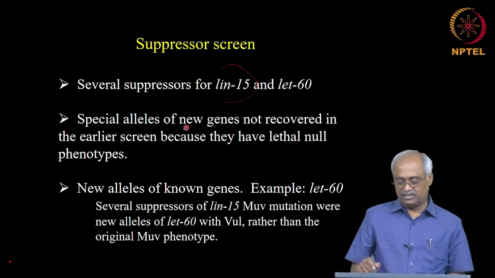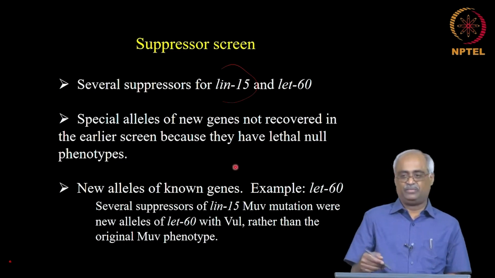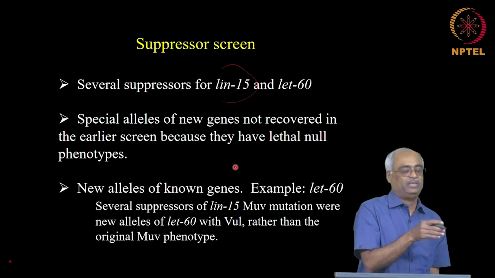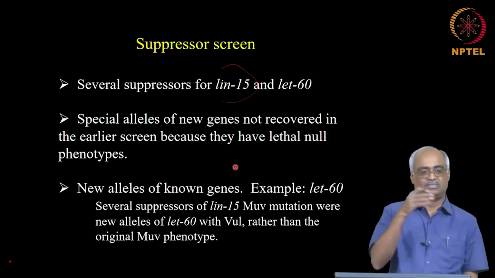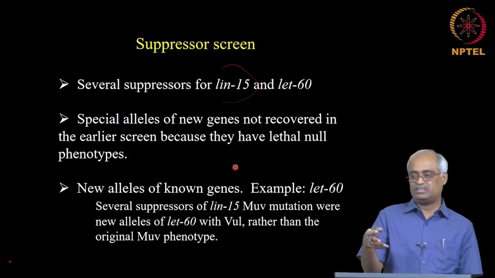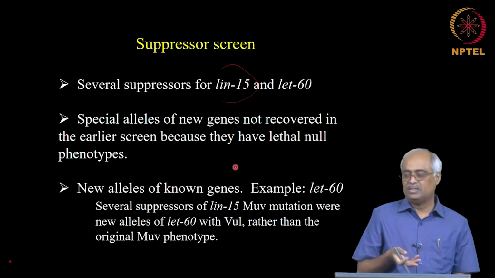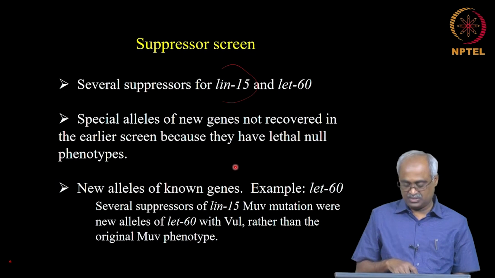So, you find those different alleles having different effects. You can easily imagine an amino acid substitution in one region versus another region might have different consequences on the protein function. So, that is how you get partial loss of functions.